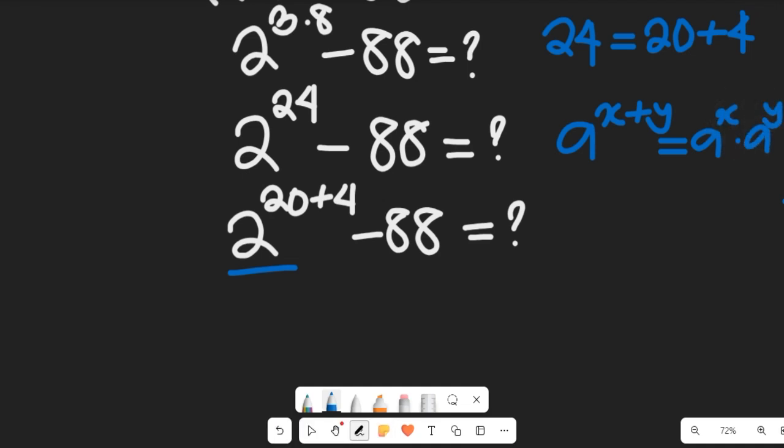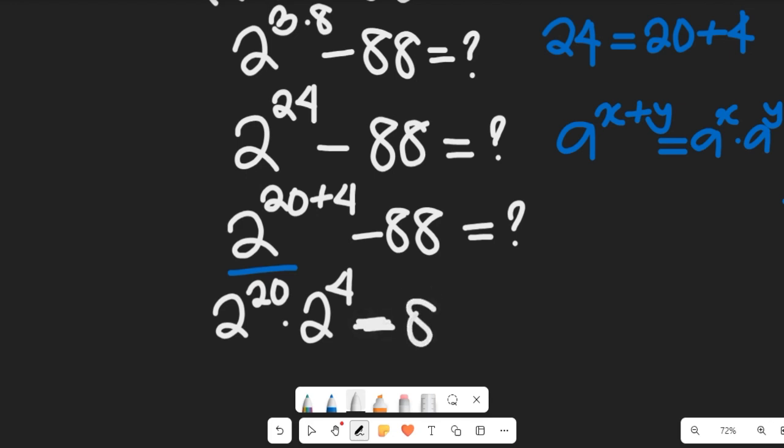So we can expand that to give us 2 to the power of 20 multiplying 2 to the power of 4, minus 88, and this will be equal to what? What will our solution be?